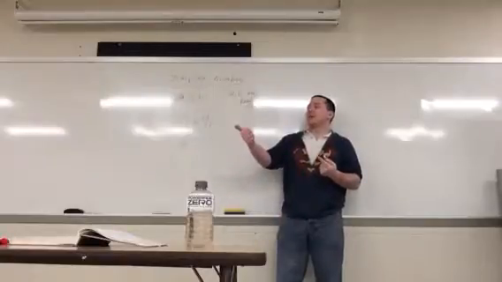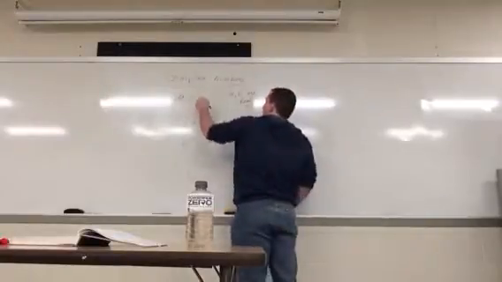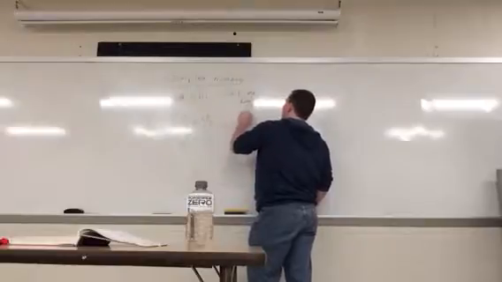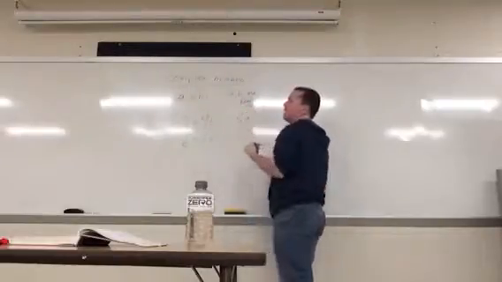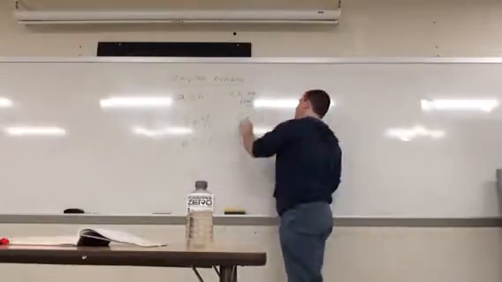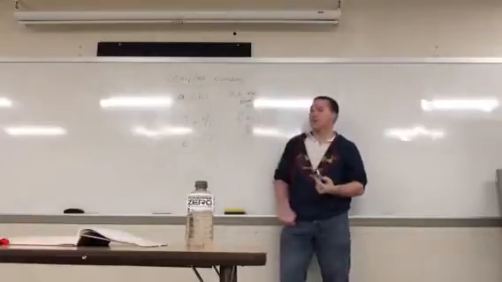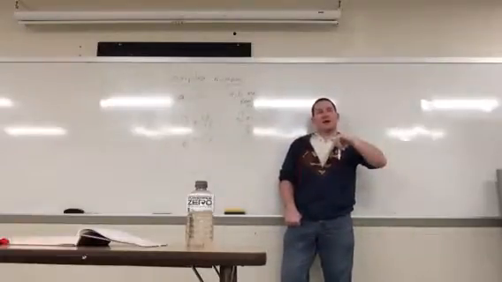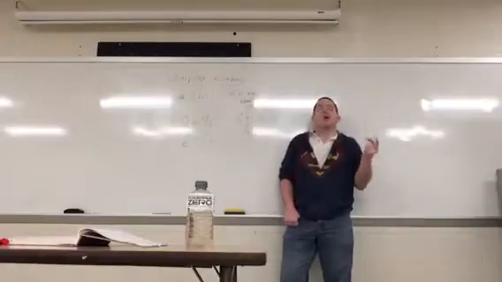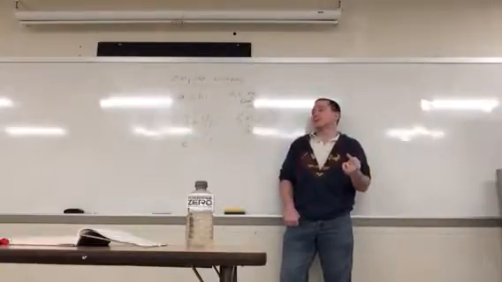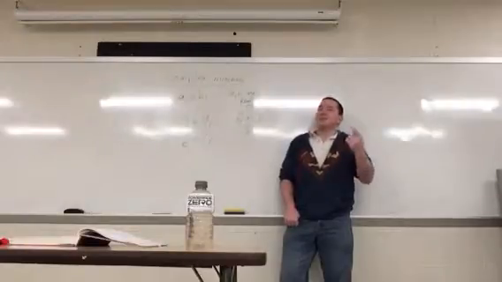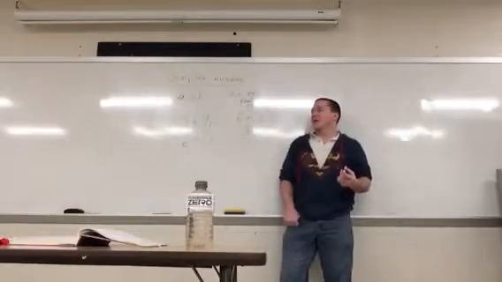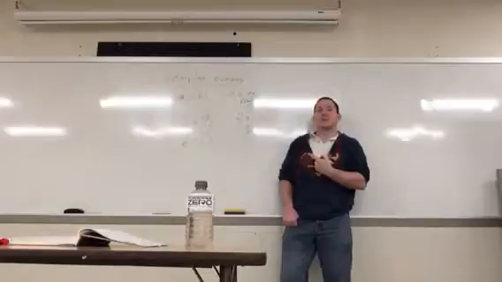As far as the real numbers go, what if b was 0? Then you would get 3 plus 0i. 0 times anything is 0. So this is 3, which is a real number. So all the real numbers are complex numbers. You just don't actually call them that when you learn about real numbers because you're not talking about the complex ones. But essentially everything, integers, fractions, decimals, they're all just complex numbers.